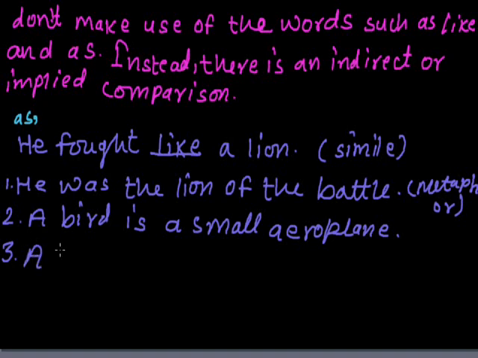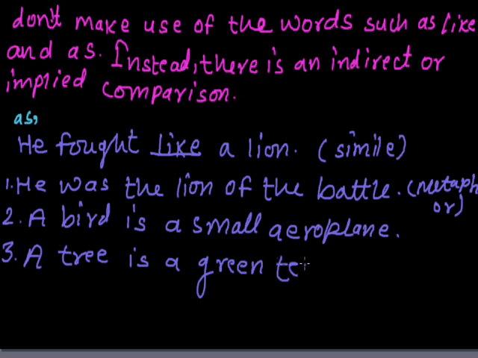A tree is a green tent. Here the comparison is made between the tree and the tent, and we have not used the word like and as here. So again this is the example of metaphor. So this is now quite clear that in simile we mostly use the word like and as, and in metaphor we do not use the word like and as. But in metaphor, the comparison is indirect and implied.